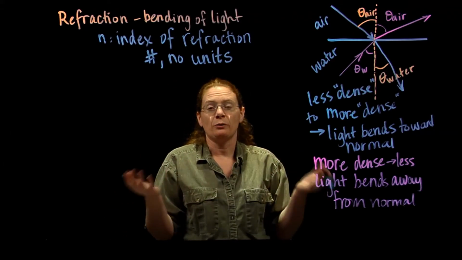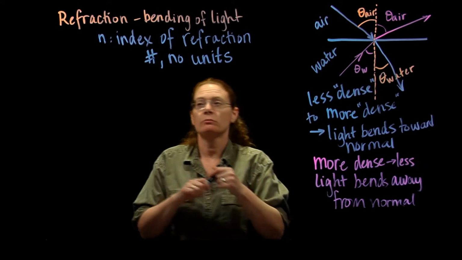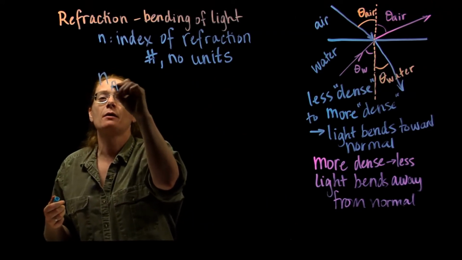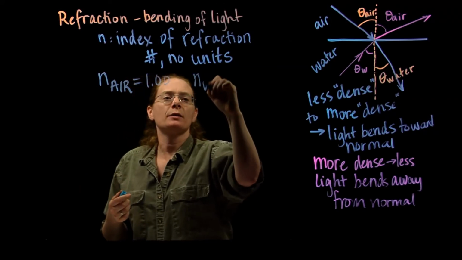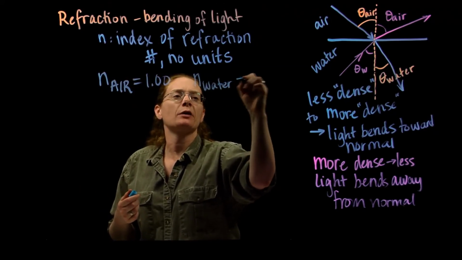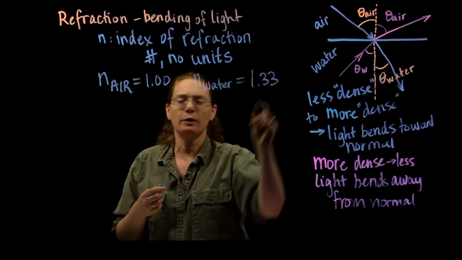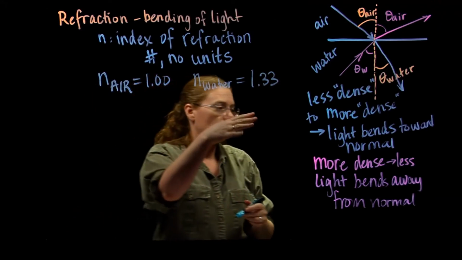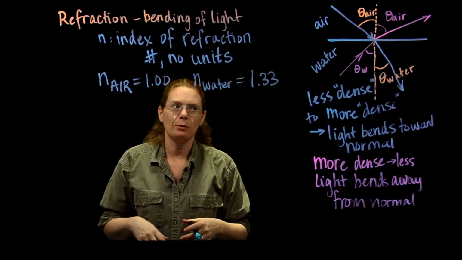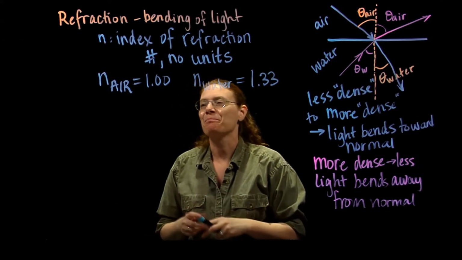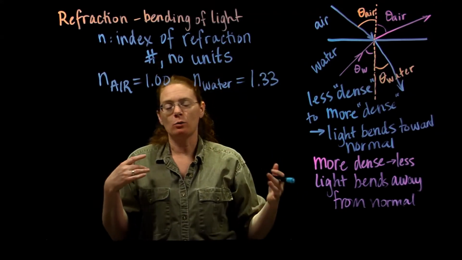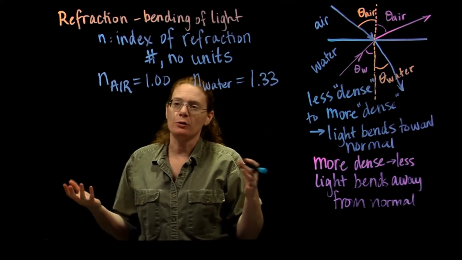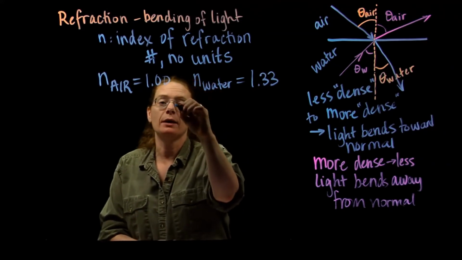So if air is pretty close to a vacuum, the index of refraction of air is 1.00. In water, which is a little more dense, the index of refraction of water is 1.33. And these are on your equation sheet, but you'll probably remember them because you're going to see them so often. So the index of refraction is just a number telling you how easy or hard it is for light to travel in that material.